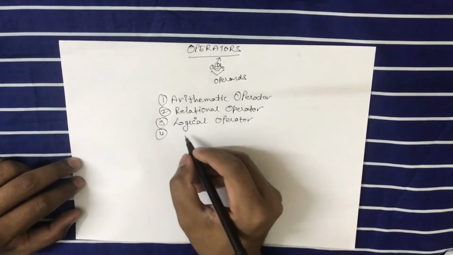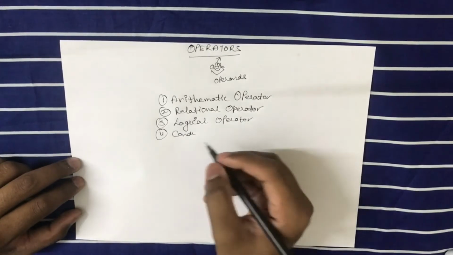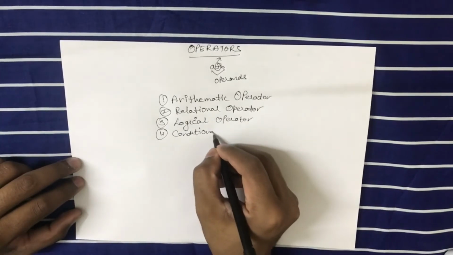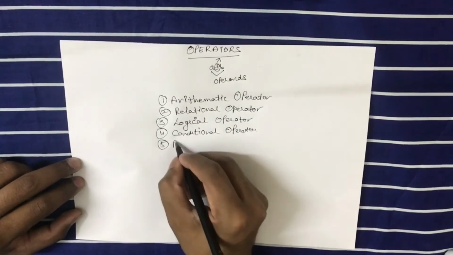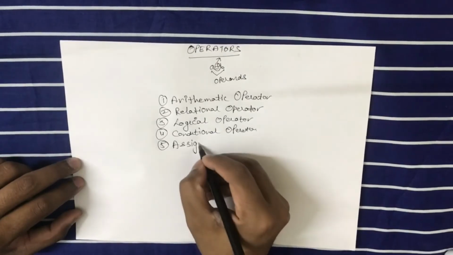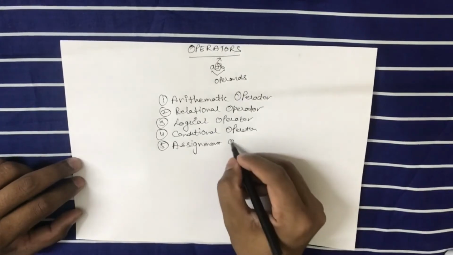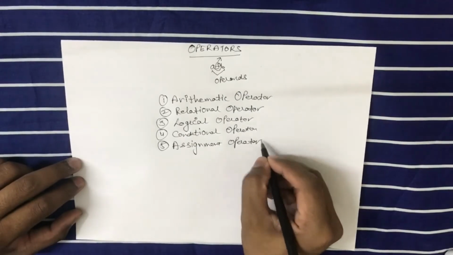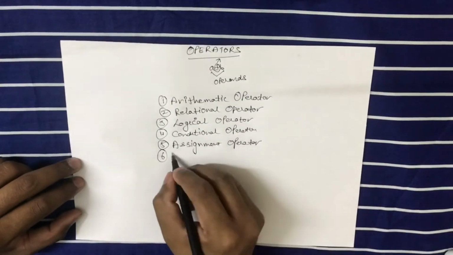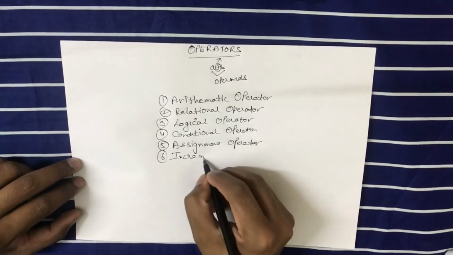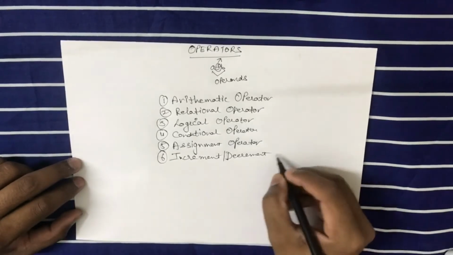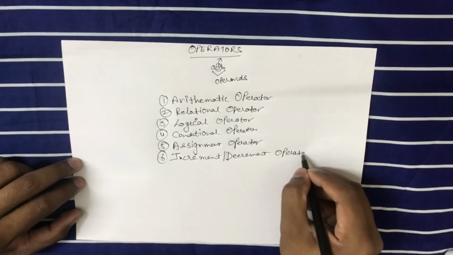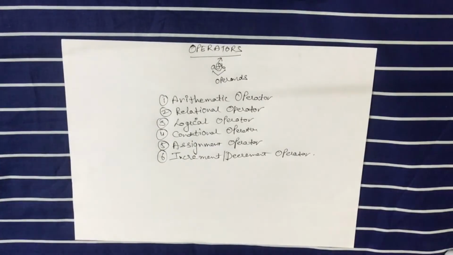Fourth, conditional operator. Fifth, assignment operator. And last, increment and decrement operator. So these are the 6 types which we will be discussing in this video.